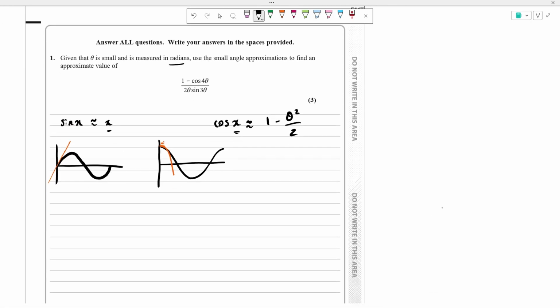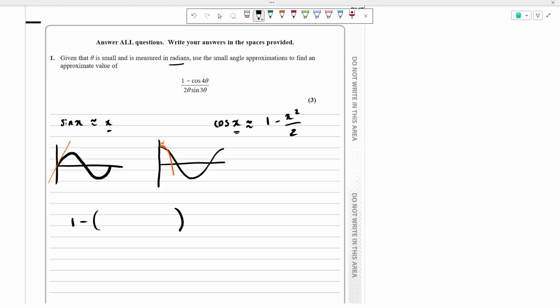So I'm going to rewrite this, substituting everything in. I have 1 minus, and I'm going to put brackets. Now for cos 4 theta, we know that cos x is equal to 1 minus x squared all over 2.